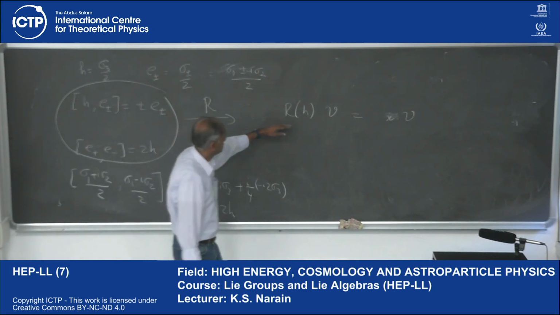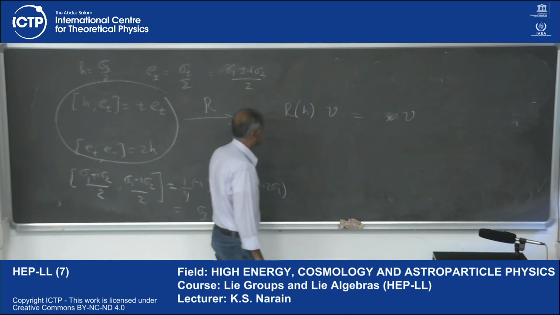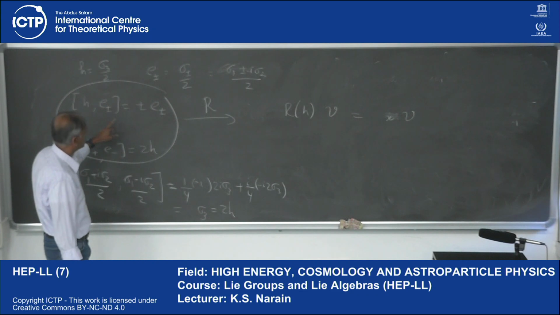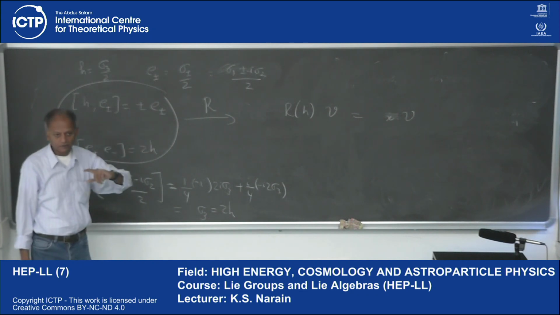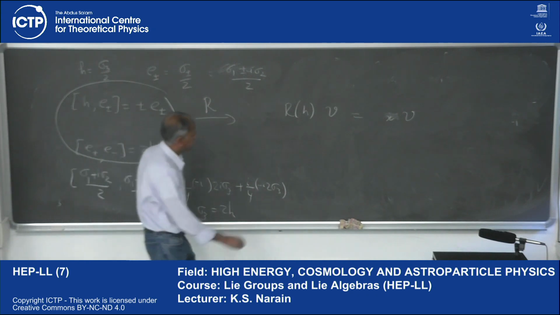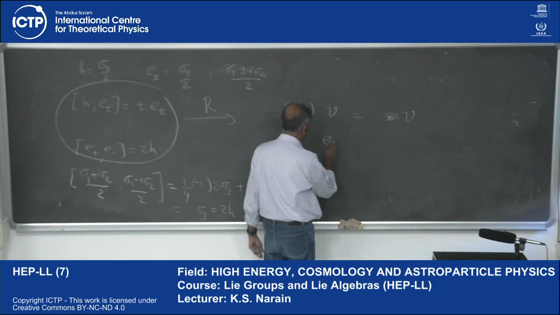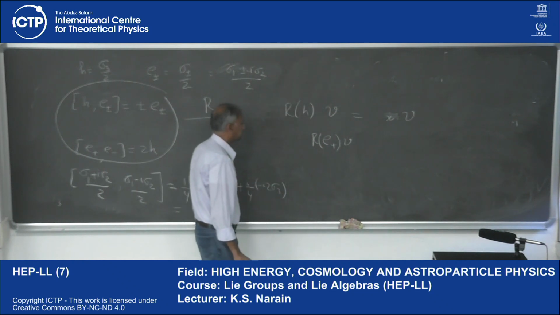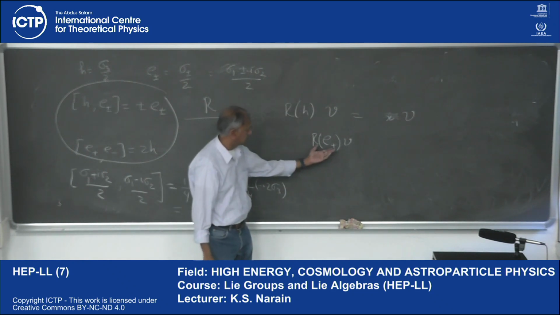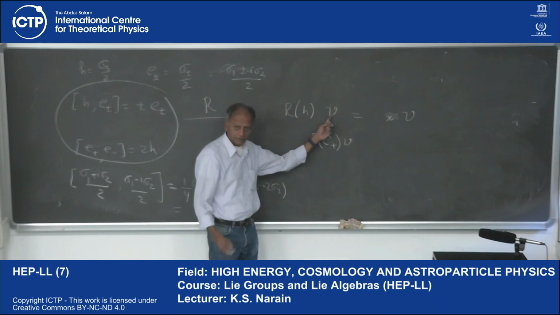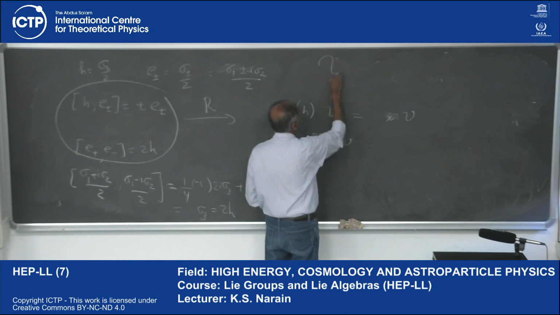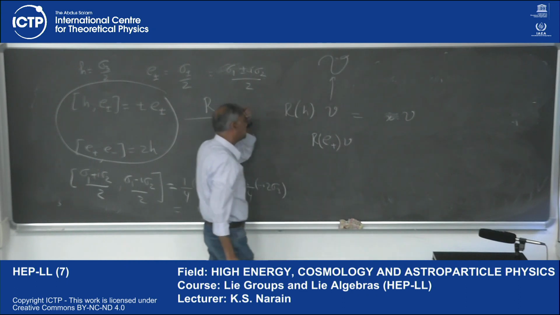Okay, this is fine. Now you ask the question, what if I apply E plus on V or E minus on V? So if I apply R of E plus on V, I started with one vector in some vector space V, which is of some dimension.